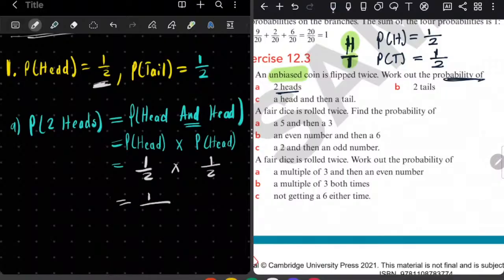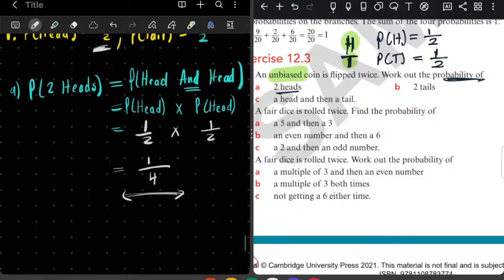Then over. You now say 2 times 2, you get 4. So it will be 1 over 4. Are we together? Well done. So this becomes your final solution. All right. Now, let's do part B. Probability of 2 tails.